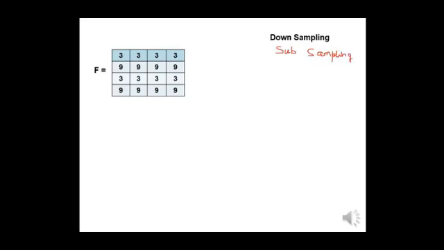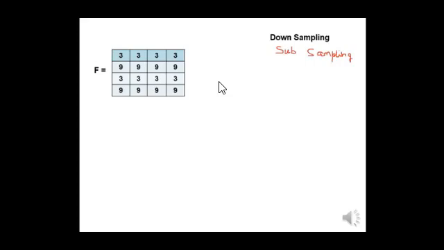There are two different ways to perform this downsampling. In the first way, we consider the upper left value of the matrix, which here is 3. Select that value of 3 and write it in the form of a 2 by 2 matrix.